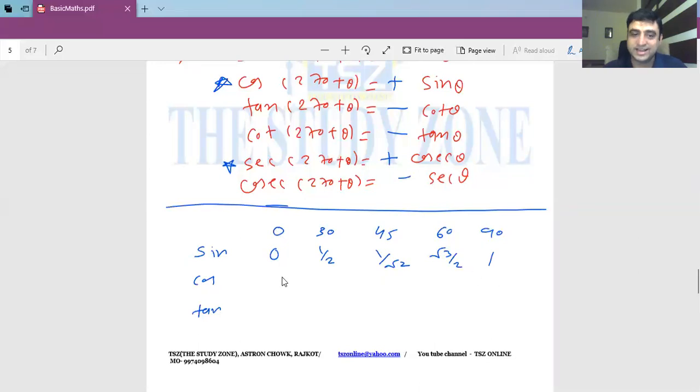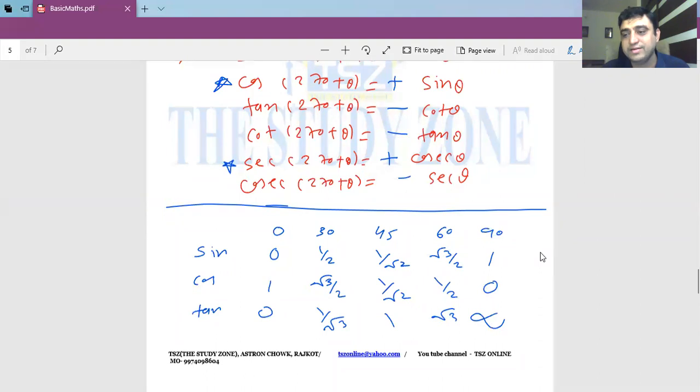You should know it. Then for cos, in reverse order: 1 comes first, root 3 by 2 second, 1 by root 2 third, 1 by 2 and 0. Tan is sine upon cos, so 0 by 1 is 0, then 1 by root 3, 1, root 3, and 1 by 0, that is indefinite. Sorry, infinite. Is it fine?